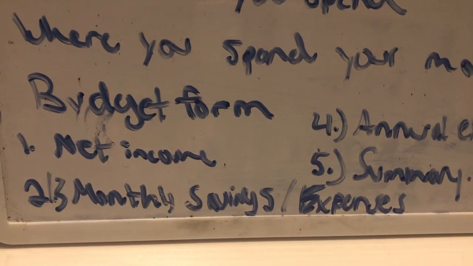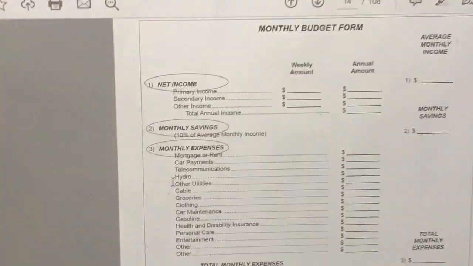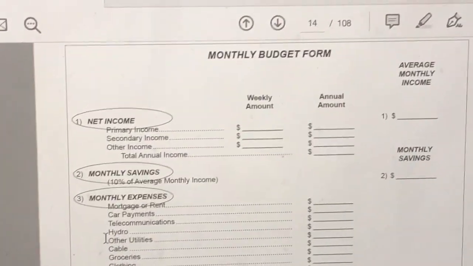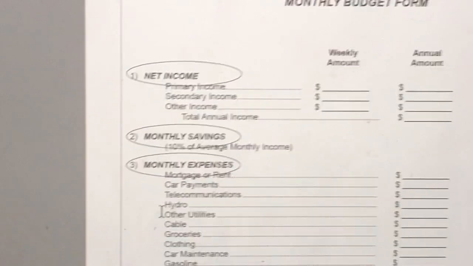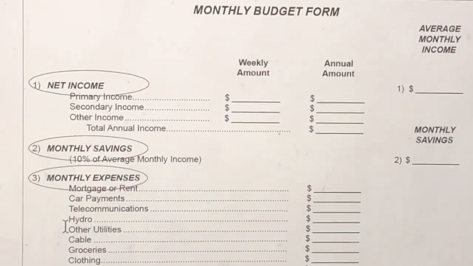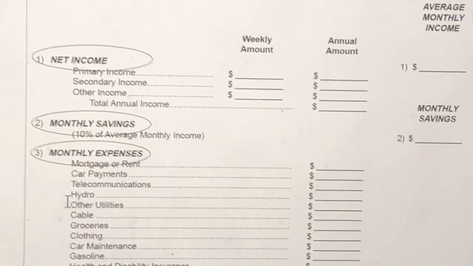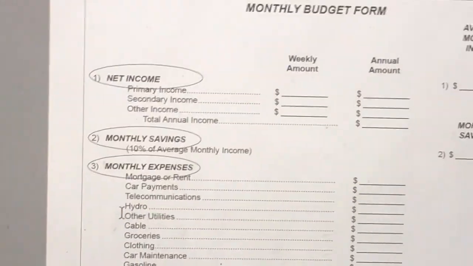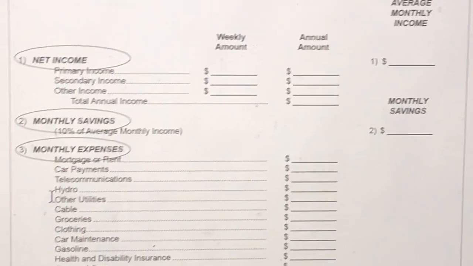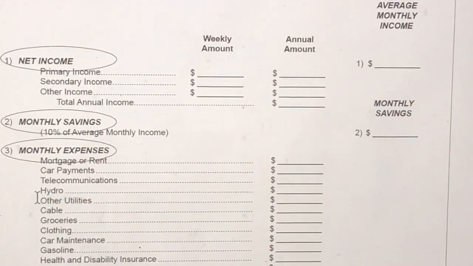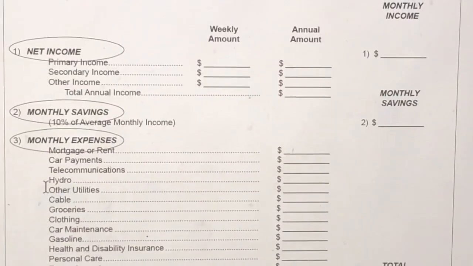The first one we're going to talk about is net income. If you take a look at your monthly budget form, it gives you net income, and it gives you a weekly and annual amount of net income you make. It also has primary and secondary income. That could be your own personal budget, or the budget of someone that lives with you as well.